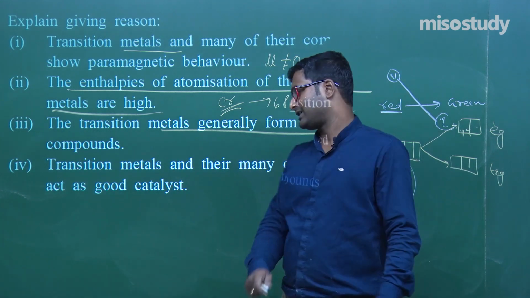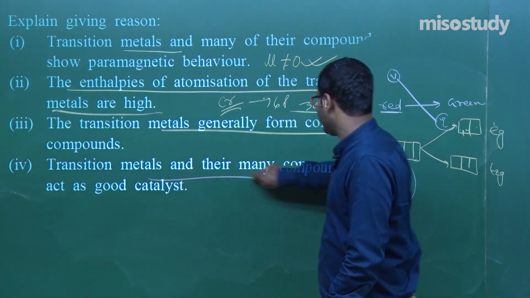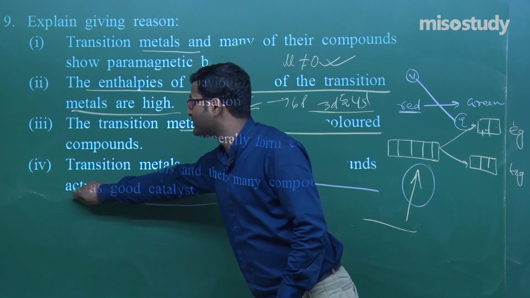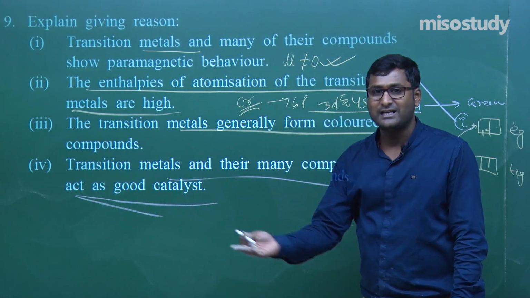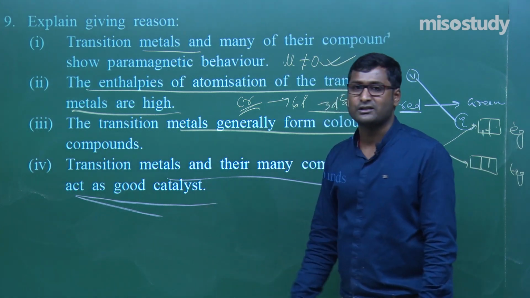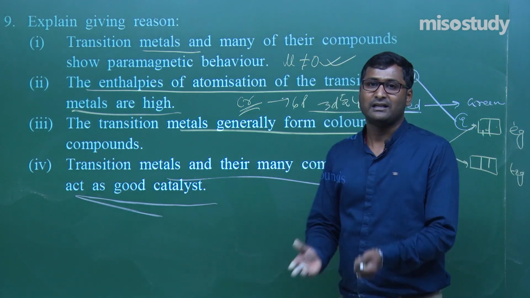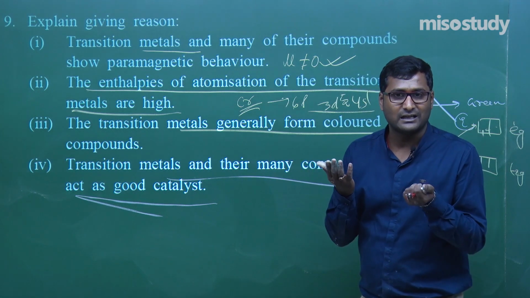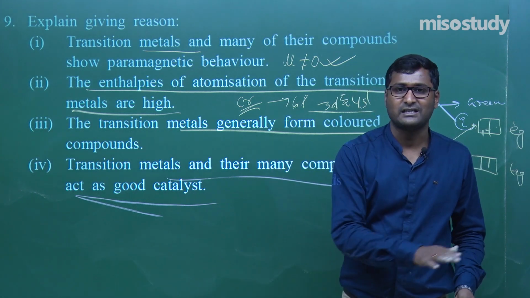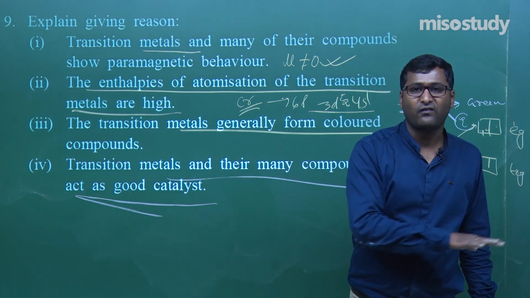Only d-d transition. Again, transition metals and many of their compounds are good catalysts. Why good catalysts? Because they have unpaired electrons. They provide a surface. They have variable oxidation states, that is, they help to form the intermediate compound. And they are generally solid, that is surface catalysis, they provide a surface for the reaction to proceed.